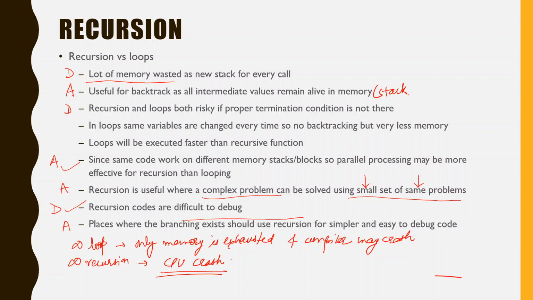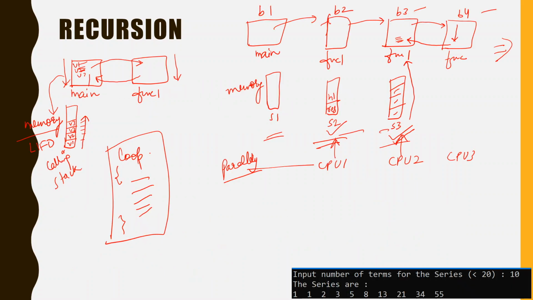And loops will be executed faster than recursion. This is quite obvious, because every time there is a call to the function, a stack is created, and whenever you return, you have to take these values back from the stack. This process takes extra time. In a loop there is no such problem.